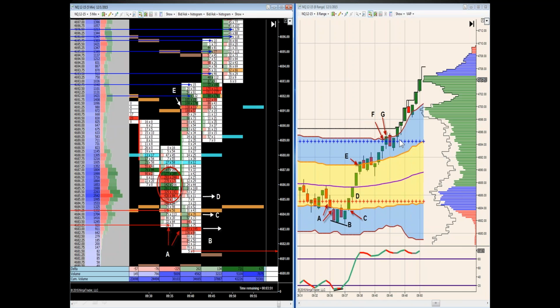And the same on the blue area here, and the high value area here and here. So we could take breaks of all of those. On the order flow chart here, you see these blue arrows up top, and then down here where you see this red arrow coming out to the right, those are swing highs and swing lows. So you could take the break of those as well.